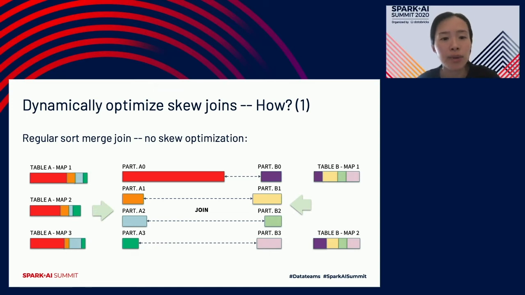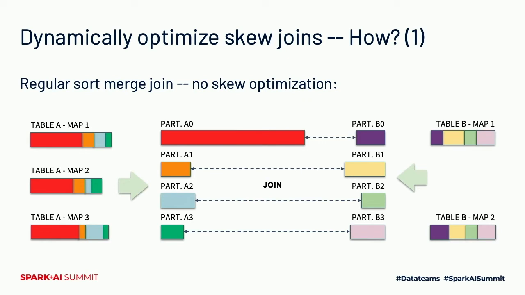First, this is how a regular sort merge join without skew optimization works. Again, for the purpose of simplicity, we use 4 as the initial partition number here. Both join tables, table A and table B, will first be partitioned on the join key, and the partitions that fall in the same key group will be sorted and then joined together in their respective tasks.